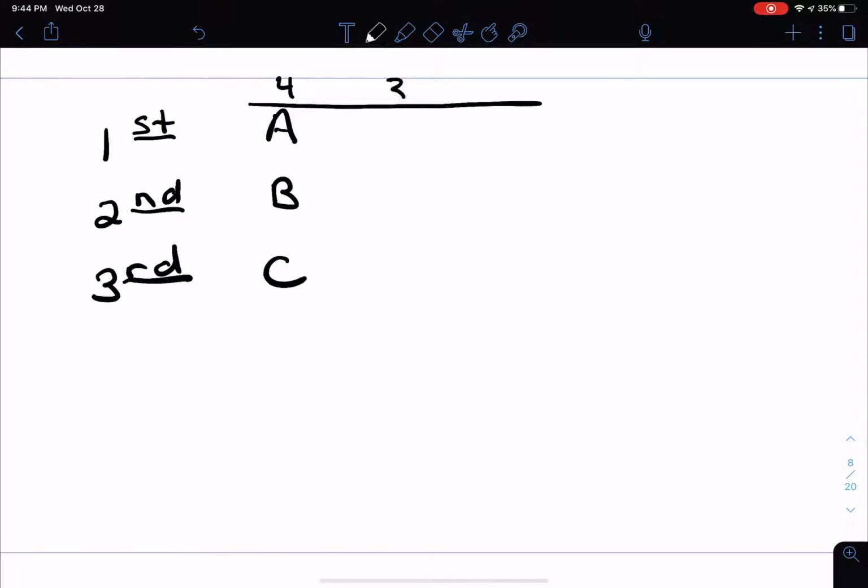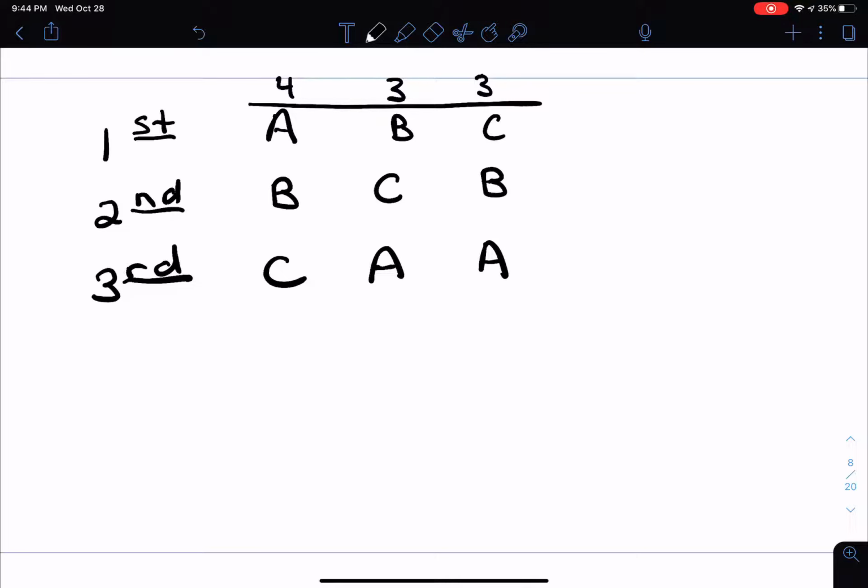We have 3 voters that put B first, C second, A third. And we have 3 voters who put C first, B second, A third. So there's our preference table. So ABC, BCA, CBA, 4, 3, 3.